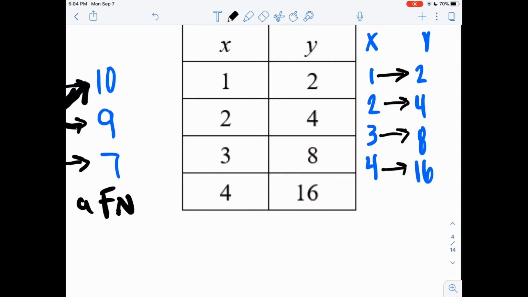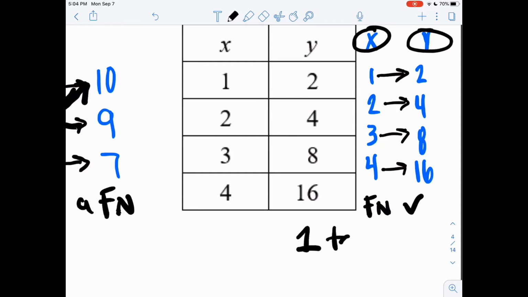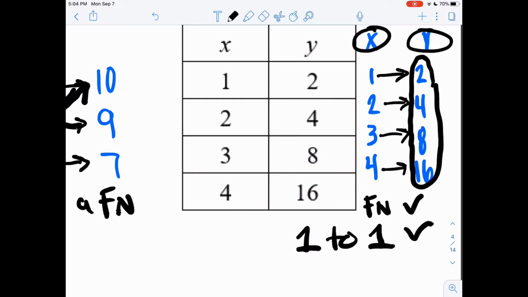This one is a function because each input has exactly one output, and it's also one-to-one because no y's repeat. Again, no y's repeat. They are all unique.